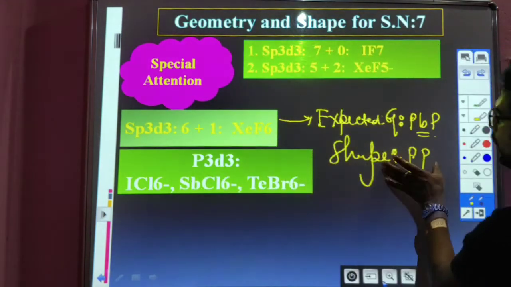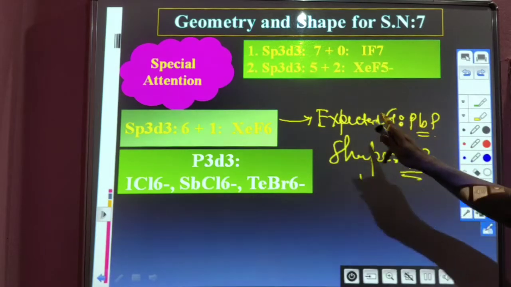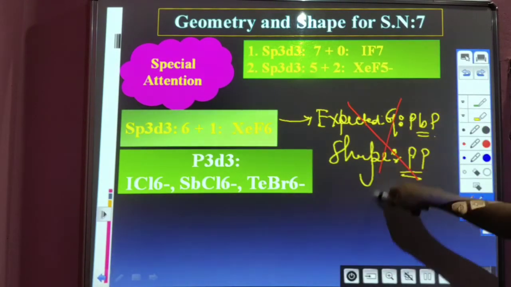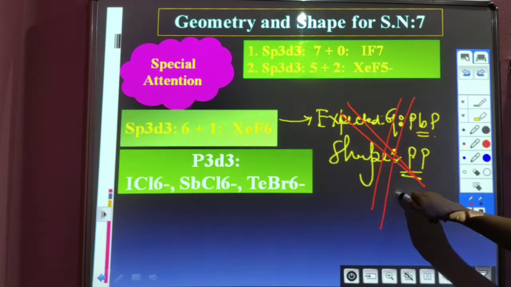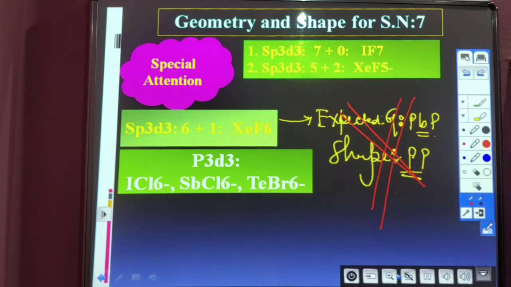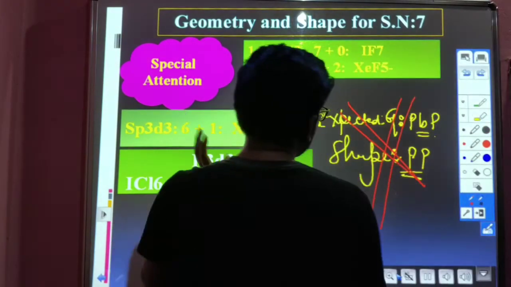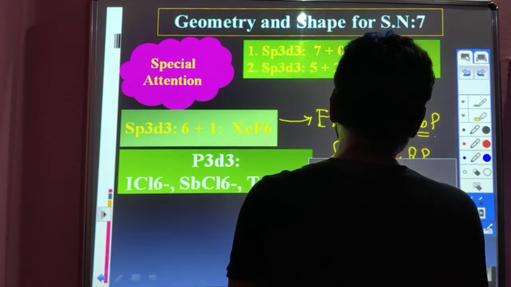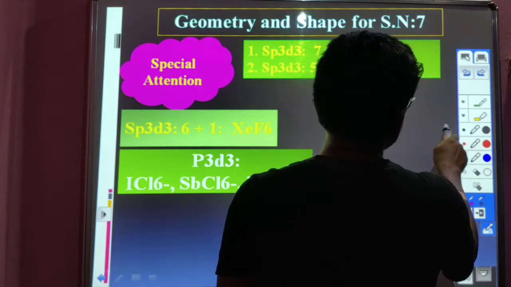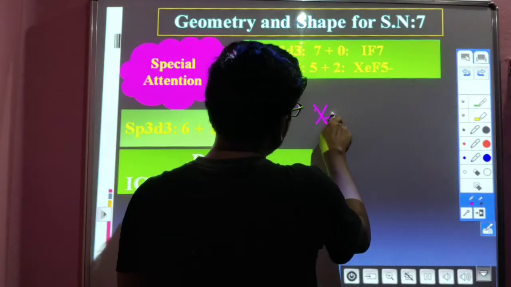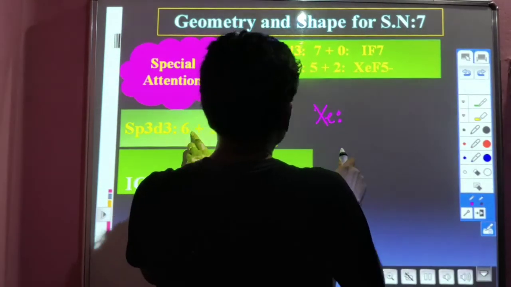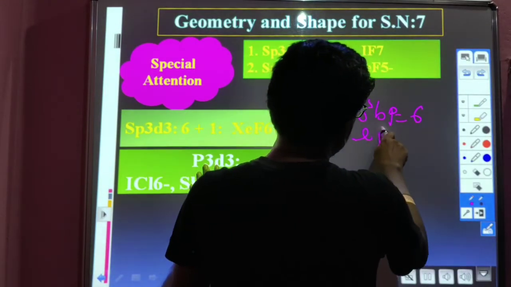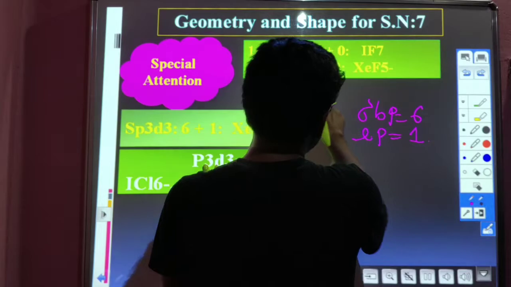No, this is a blunder. Don't do that. I will show you the shape. For XeF6, if you calculate, you will get sigma bond pairs 6, and lone pair 1.